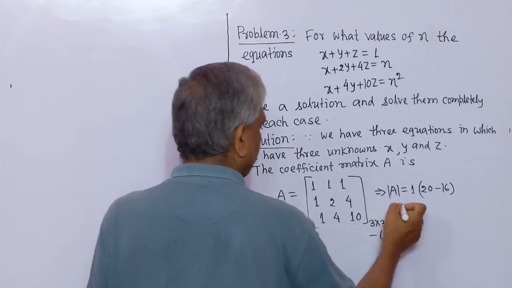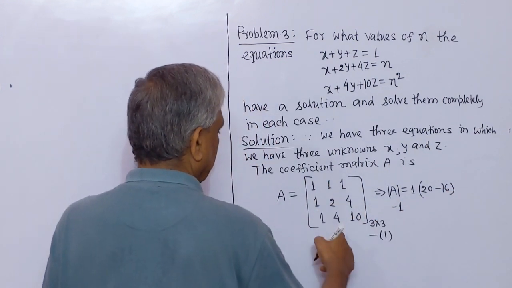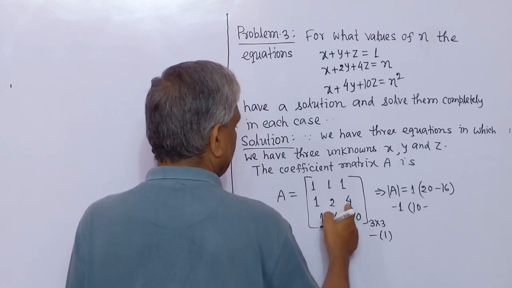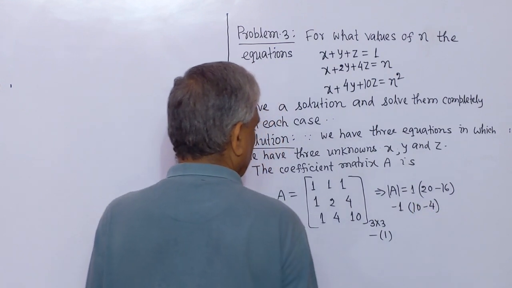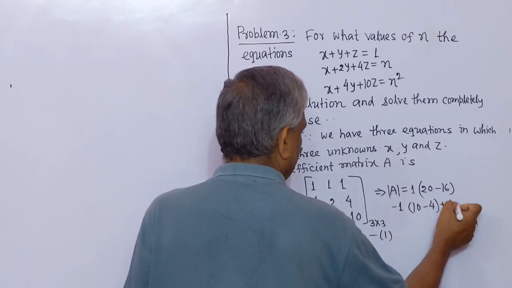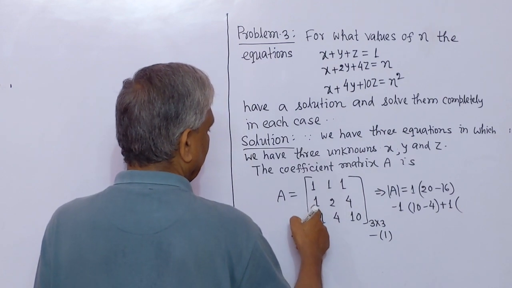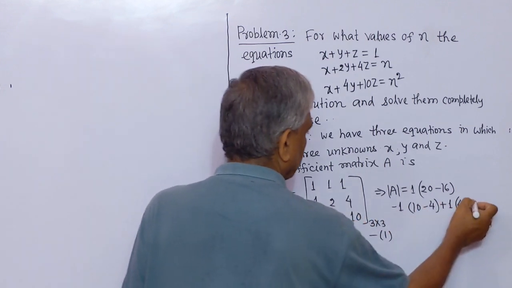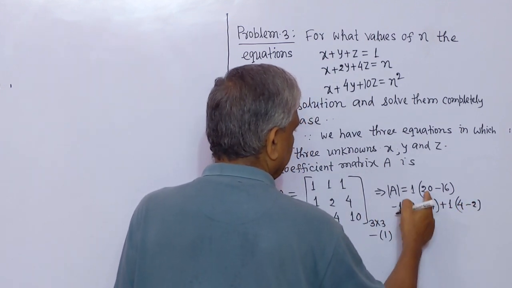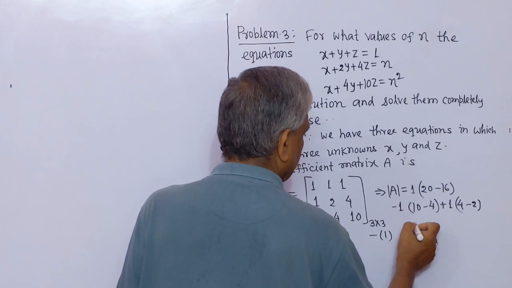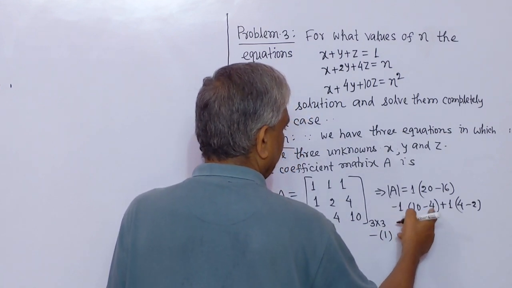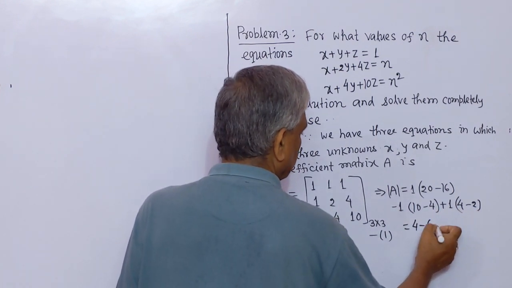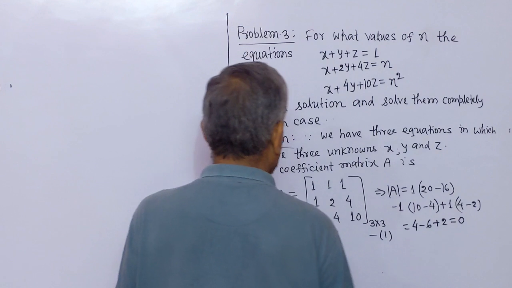Here we take minus 1, here 1 multiply 10, 10 minus 1 multiply 4, 4, plus 1, here 1 multiply 4, 4 minus 2 multiply 1, 2. This will be here 20 minus 16, 4, here 10 minus 4, 6, minus 6, here 4 minus 2, 2, and this is 0.